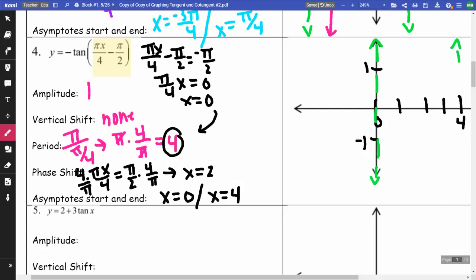I have 1 at x equals 4. And then, since I don't have any vertical shift or anything, I'm going to have my 0. Now, because of that negative in front, normally I would start down, but it's going to be a flip. So I'm going to start at my 1, then 0, then -1. And so it's going to look like a cotangent.